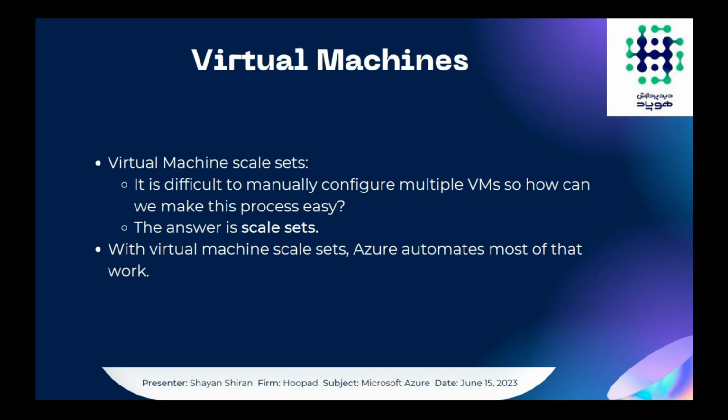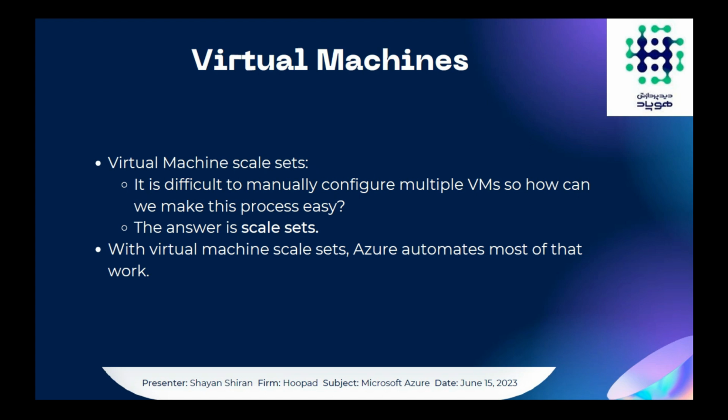For example, in a system that wants to handle fluctuating demand, sometimes it's necessary to have more than two virtual machines, because the current virtual machines do not respond to a high amount of requests.